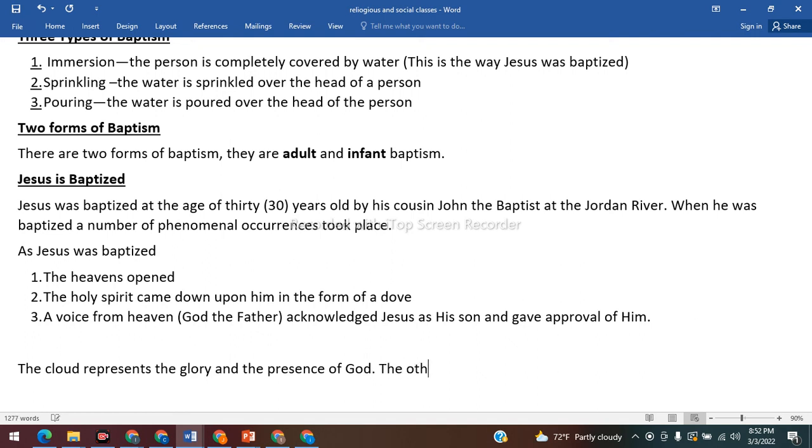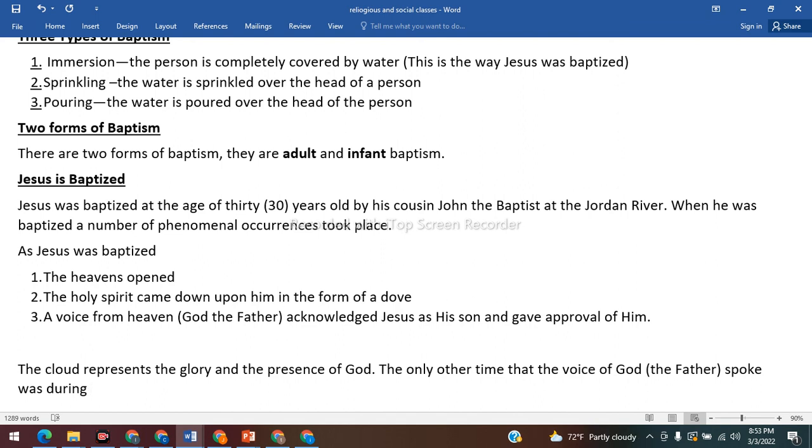The only other time that the voice of God the Father spoke was when Jesus the Christ, that was the time when we hear the voice of God the Father speaking.